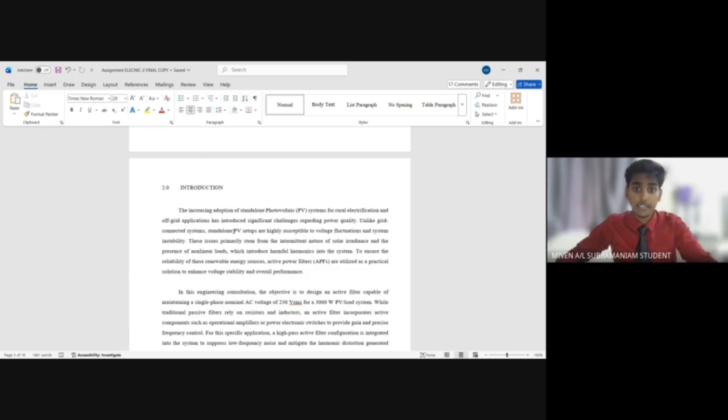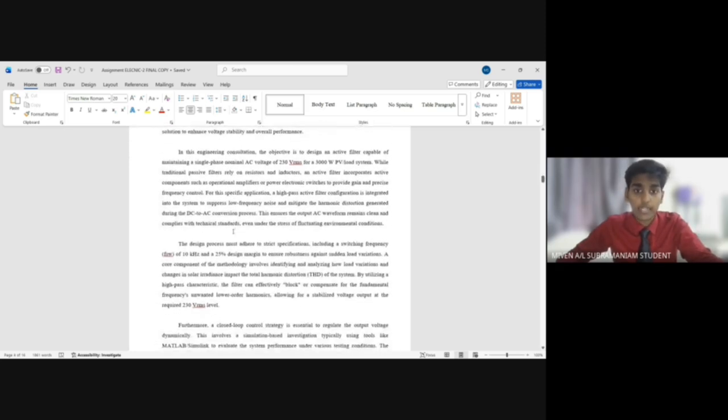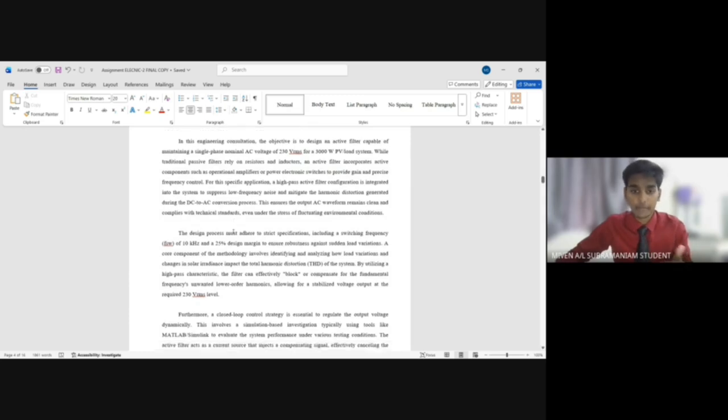To address this, our project focuses on designing an active power filter, unlike traditional passive filters that rely on resistors and inductors. Active filters use components like operational amplifiers to provide precise frequency control and gain.